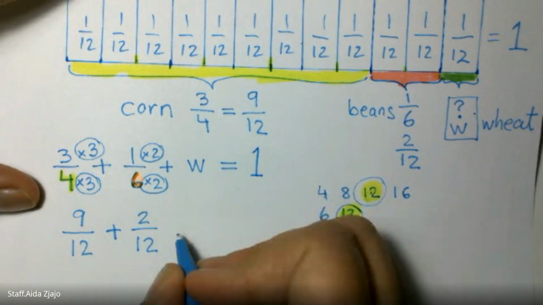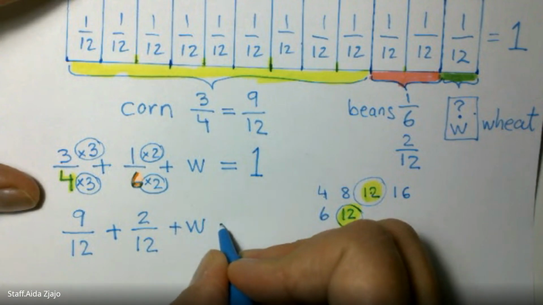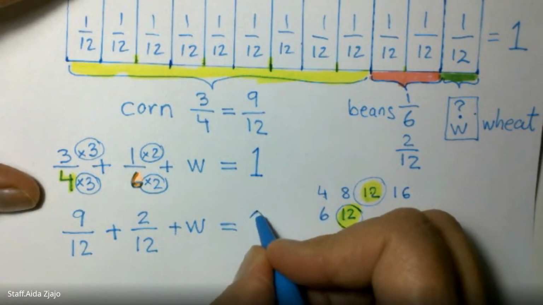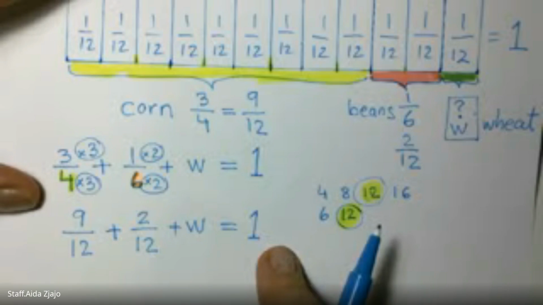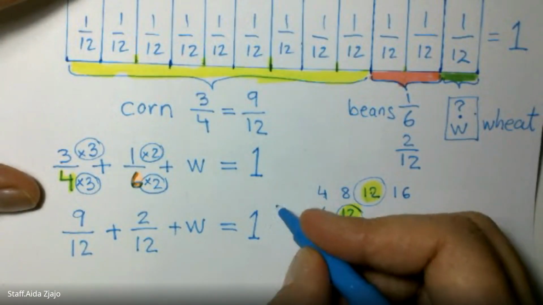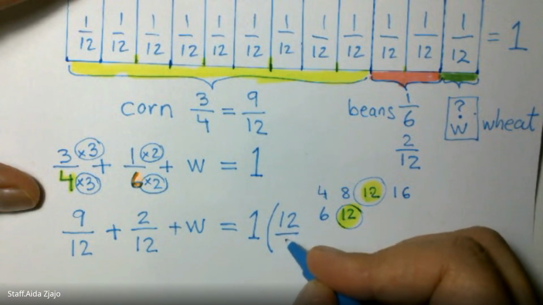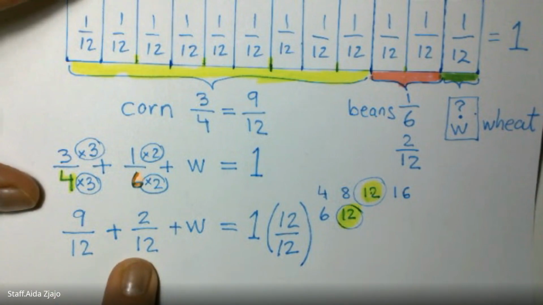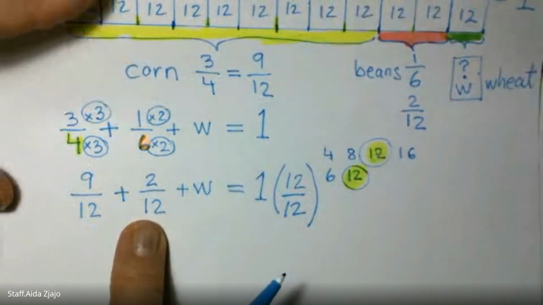Now we add W, which is wheat. We don't know what it is yet, it must equal 1. But now we know what 1 has to be: 12 twelfths.